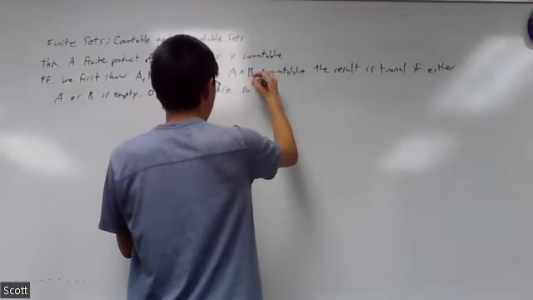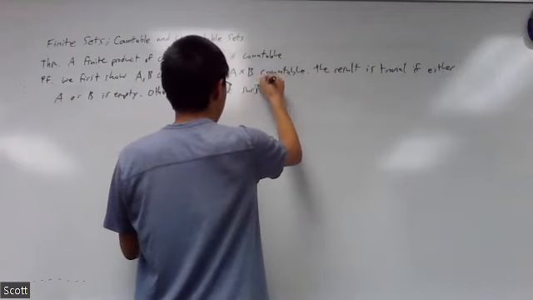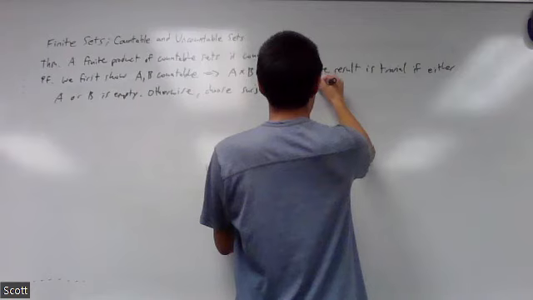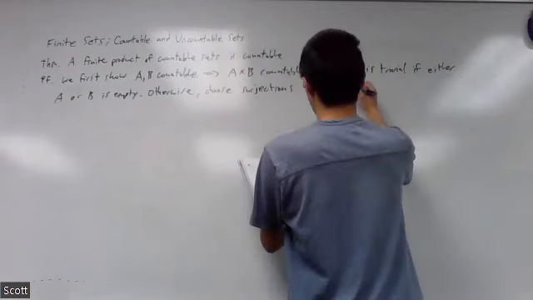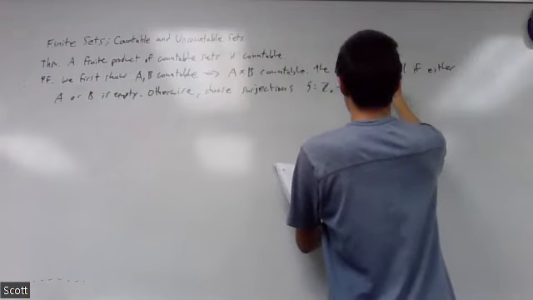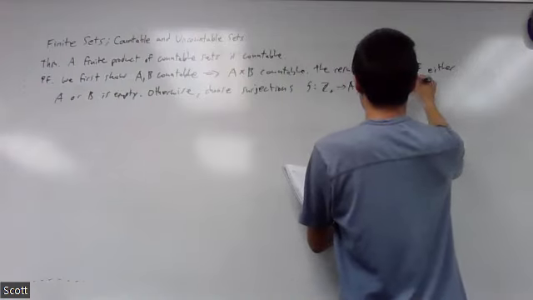Instead of using the injection property, we'll use the surjections that go from the positive integers to the sets. So here we have F going to A, and then we use G for positive integers going to B.